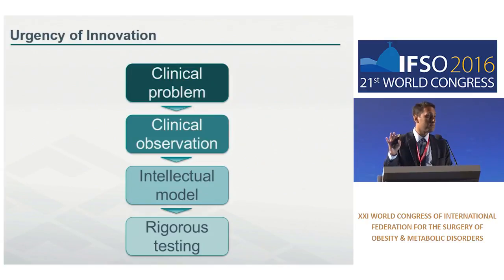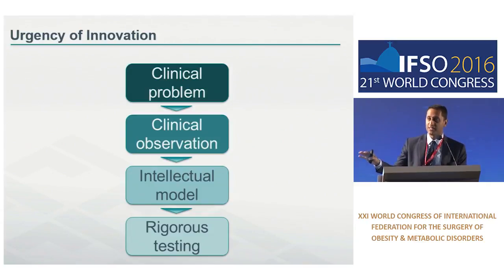So 40-some molecules approved by the Federal Food and Drug Administration in the United States, and yet over 15 years, absolutely no improvement in the population-level control of the disease.